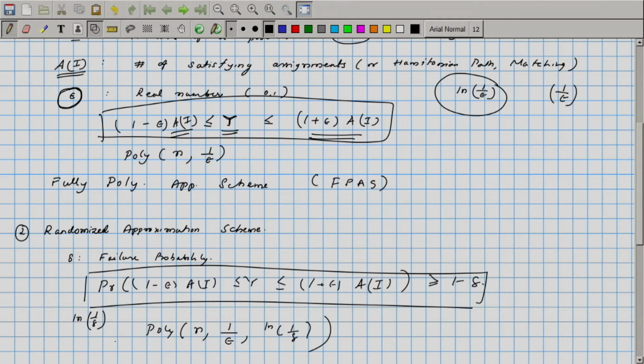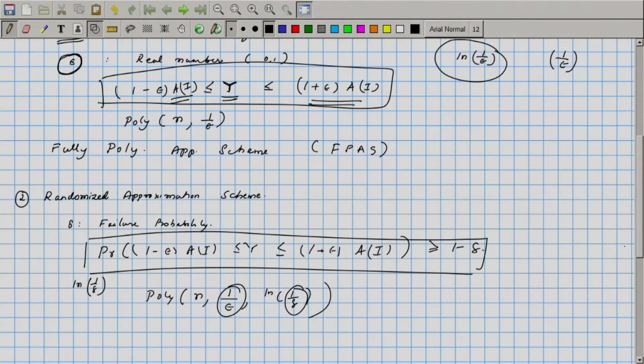And if we could do this for every epsilon and every delta, then we will say that we have a fully polynomial randomized approximation scheme.